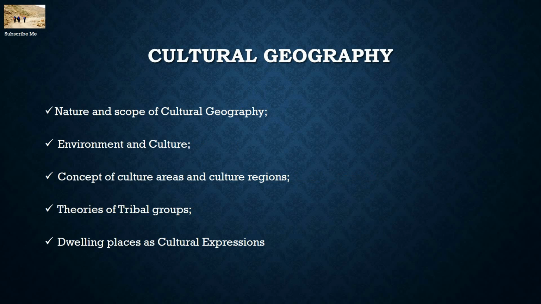In cultural geography, we study the same, which is linked to society. It includes nature and scope, environment and climate, environment and culture, the concept of cultural areas and cultural regions, theories of tribal groups, which is very important, and dwelling places and cultural expressions.